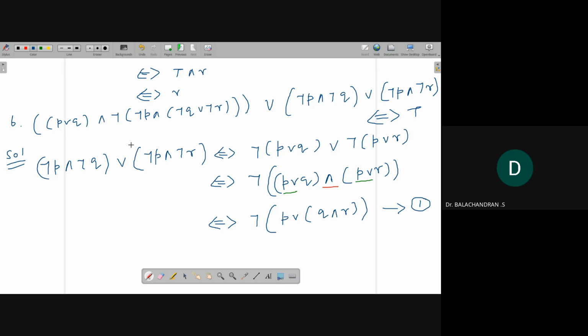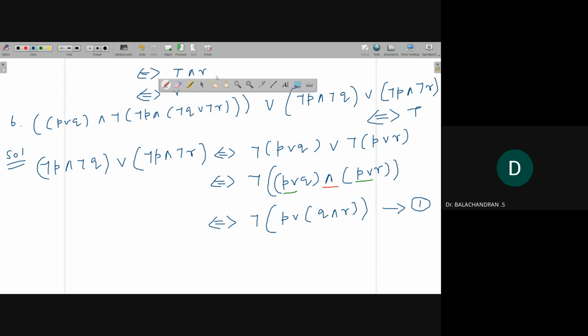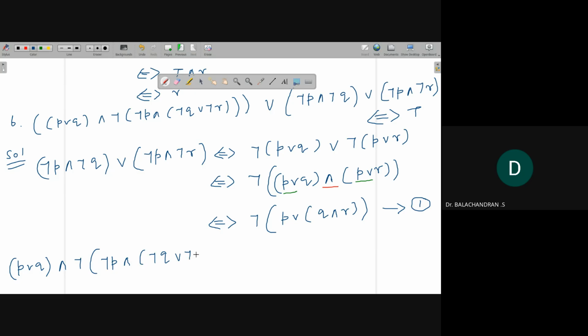Okay, now I'll take the entire portion. So what is the entire portion here? This portion (P or Q) and negation of (negation P and negation Q or negation R), so which is equivalent to (P or Q) and I keep this negation as it is.